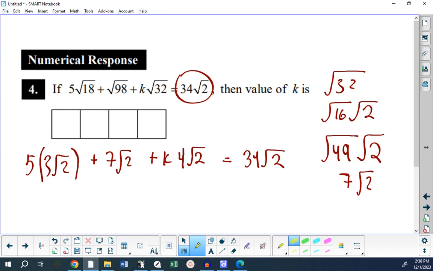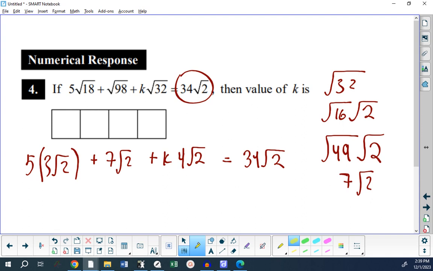So what do we have? 22 plus 4k equals 34. So 34 minus 22 would give you 12. And then if you divide that by 4 to get k, you'd get k equals 3.